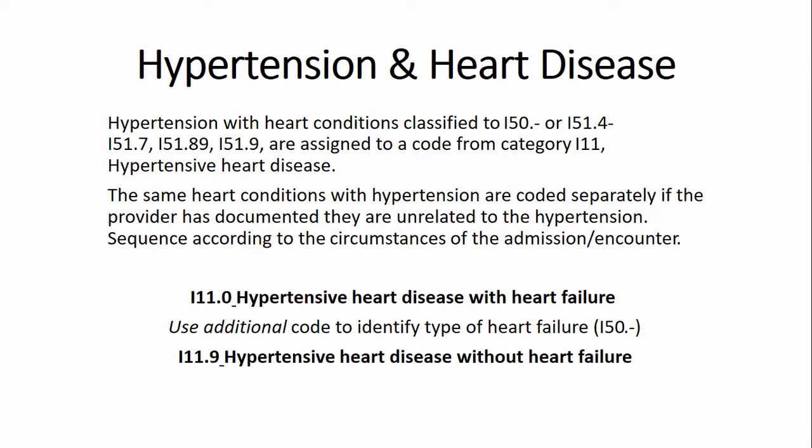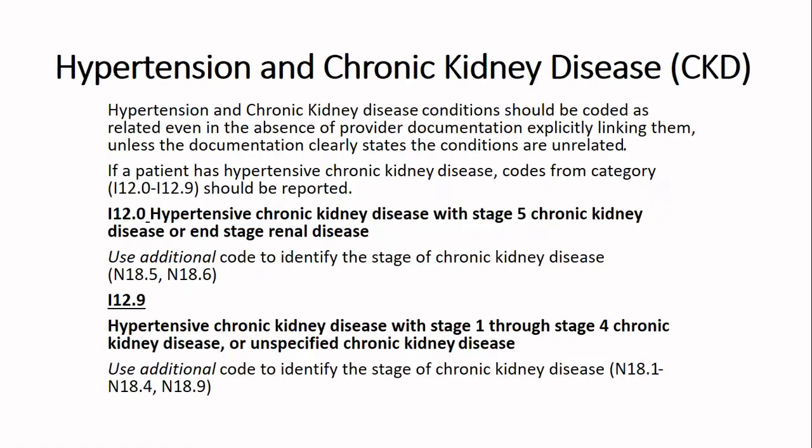So you can code the combination code as I11.0 for hypertensive heart disease with heart failure, or I11.9 for hypertensive heart disease without heart failure. If there is heart failure, use I11.0 followed by an additional code to identify the type of heart failure from the I50 series, and when there is no heart failure, you code only the hypertensive heart disease without heart failure.